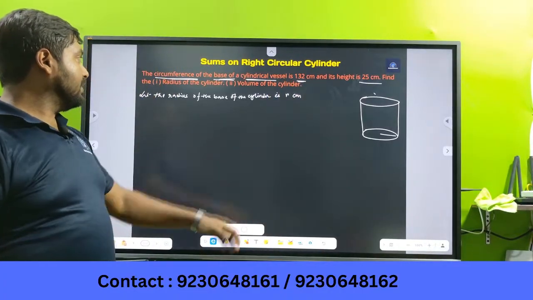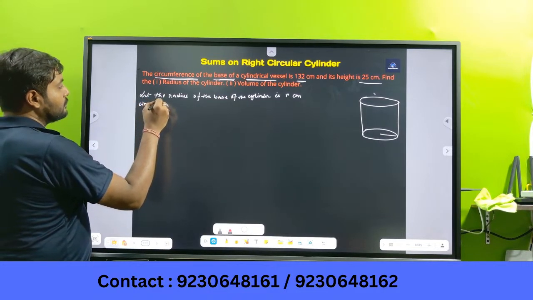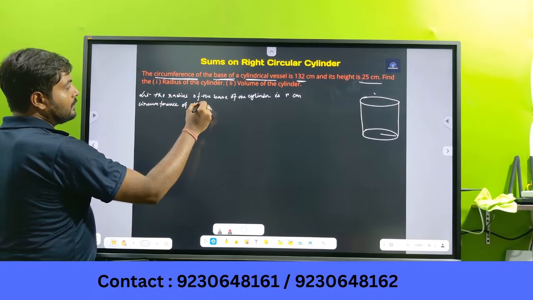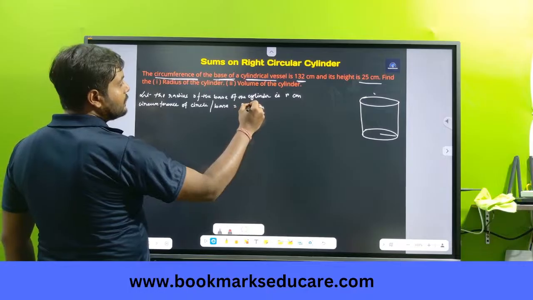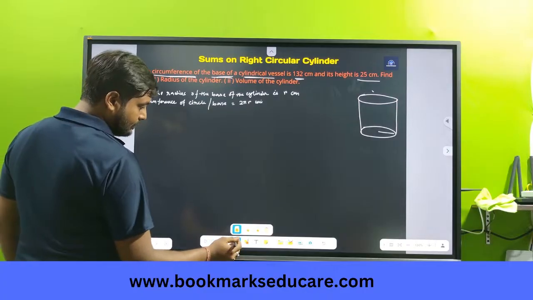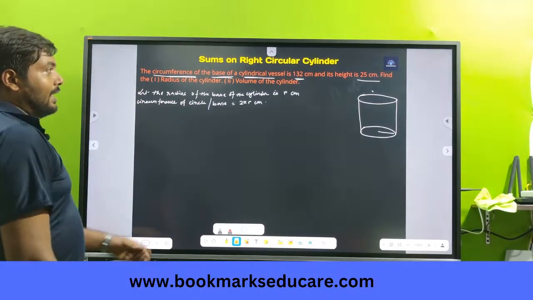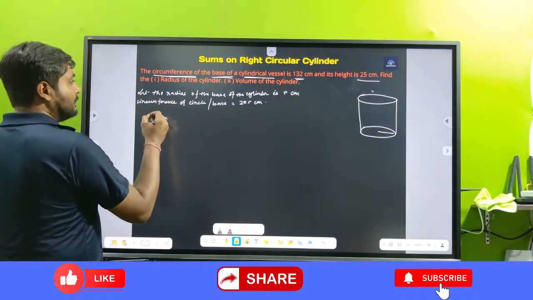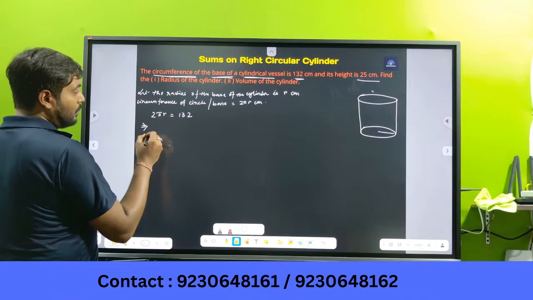As it is a circle, the circumference of the circle, that is the base, is 2 pi r centimeter. As it is given that the circumference of the base is 132 centimeter, so 2 pi r equals 132 centimeter, and now we will solve for r.